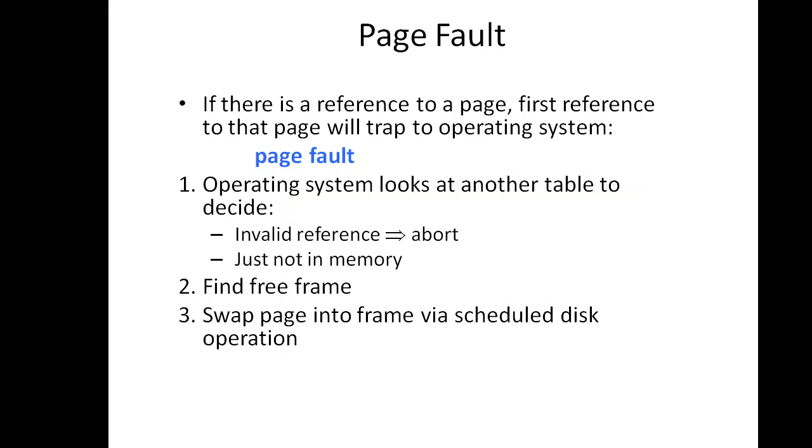Next, we should schedule a disk operation to read the desired page into the newly allocated frame. That means swap in: generate a read operation to read the desired page into the newly allocated frame.